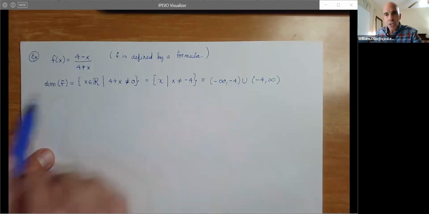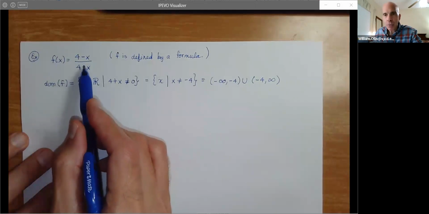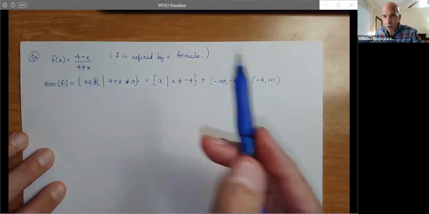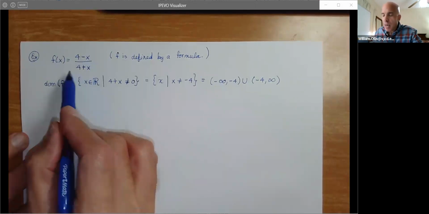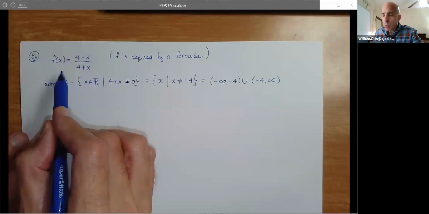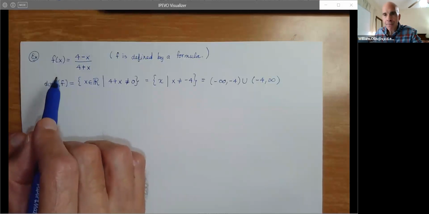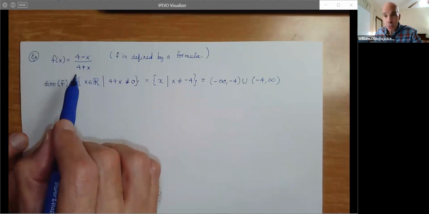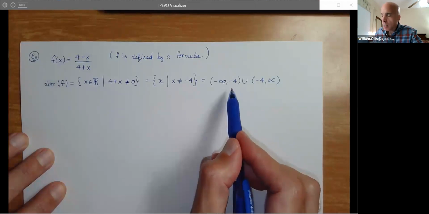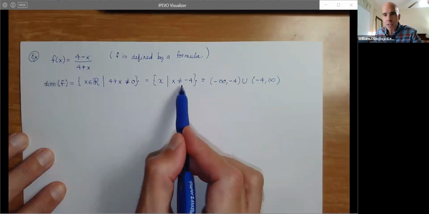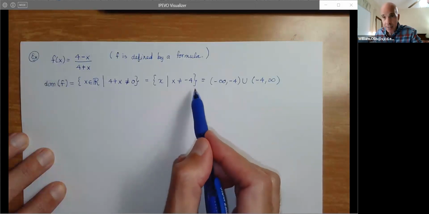So now, just remember, it's fine for an output to be 0. It's fine to be able to put in 0. The thing is, when we compute the domain, we are looking for the largest set of real numbers for which the output is real. So you would not say the domain is -4. What you mean is that -4 is not in the domain.